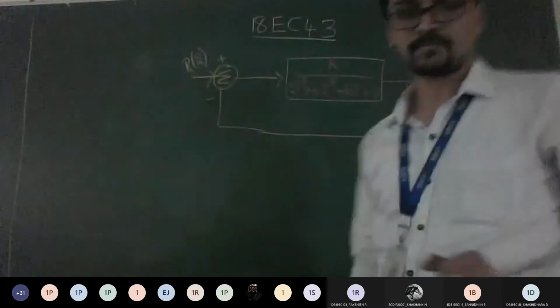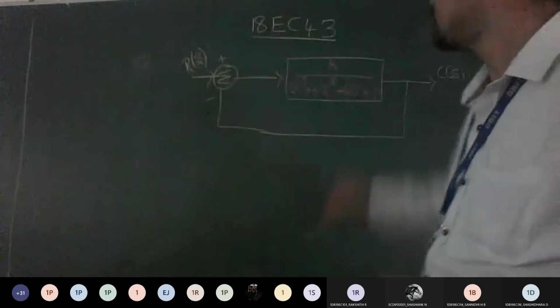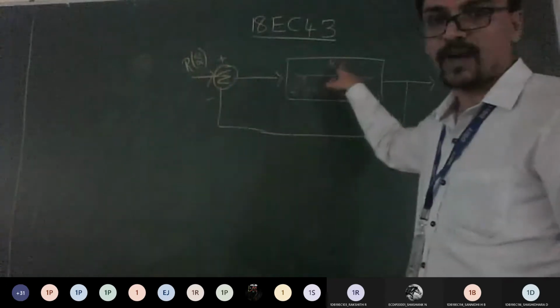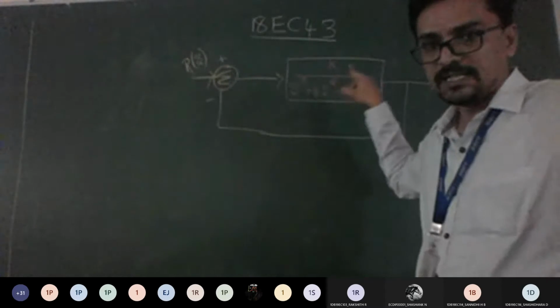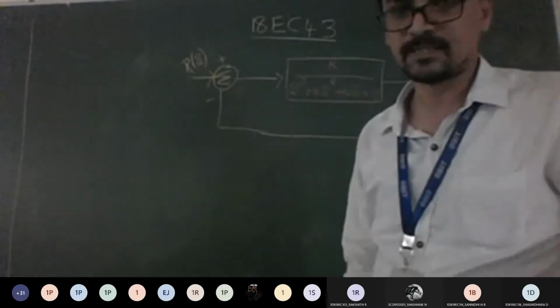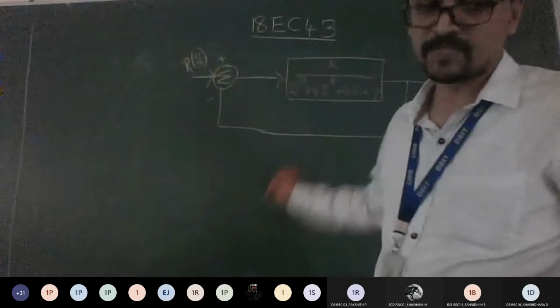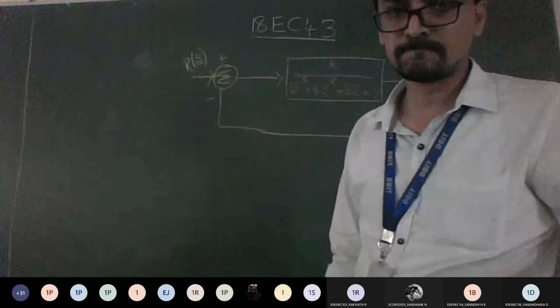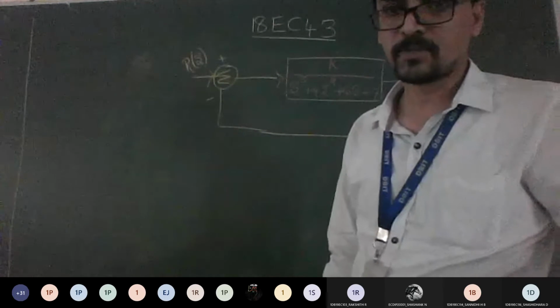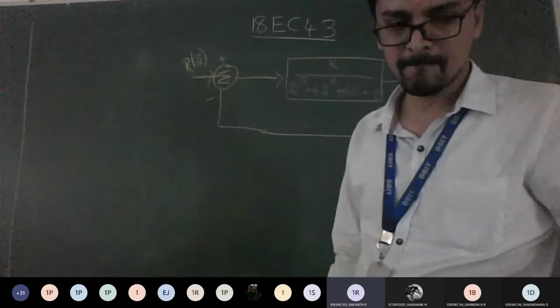So this is the given question, guys. They have asked you to find the range of k, such that the system is going to be stable. That is what they have asked in this. So I hope you got the question first of all. Shall we proceed? Yes, sir.